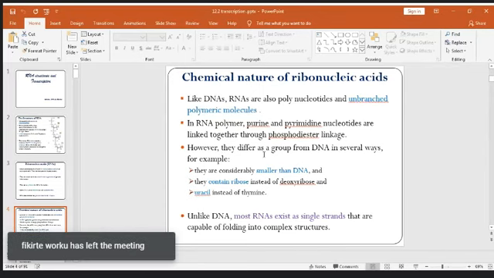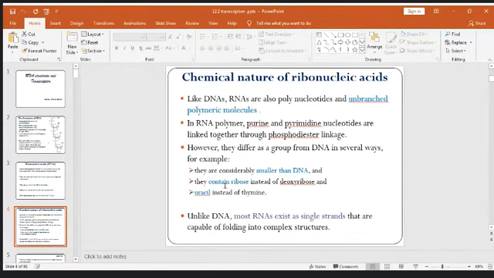However, they differ from DNA in several ways. Most commonly, RNA is smaller than DNA in size, as it is single-stranded. They contain ribose sugar instead of deoxyribose, as we already discussed, and uracil instead of thymine, which is also a common concept.